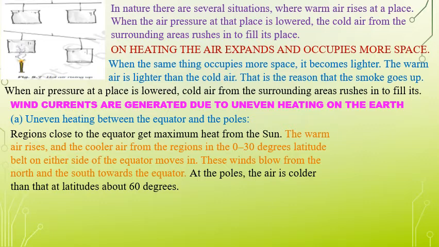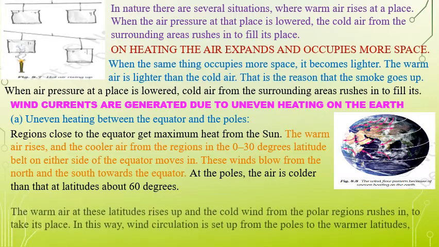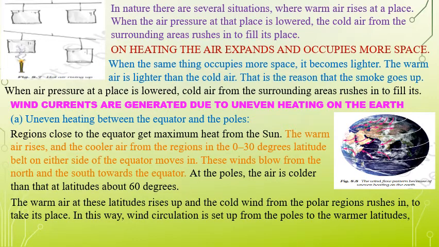At the poles, the air is colder than that at a latitude of about 60 degrees. See here in this figure 8.8, you can check in your textbook also. You will see the direction of the wind flow. The arrows in dark pink color show the movement and direction of wind.